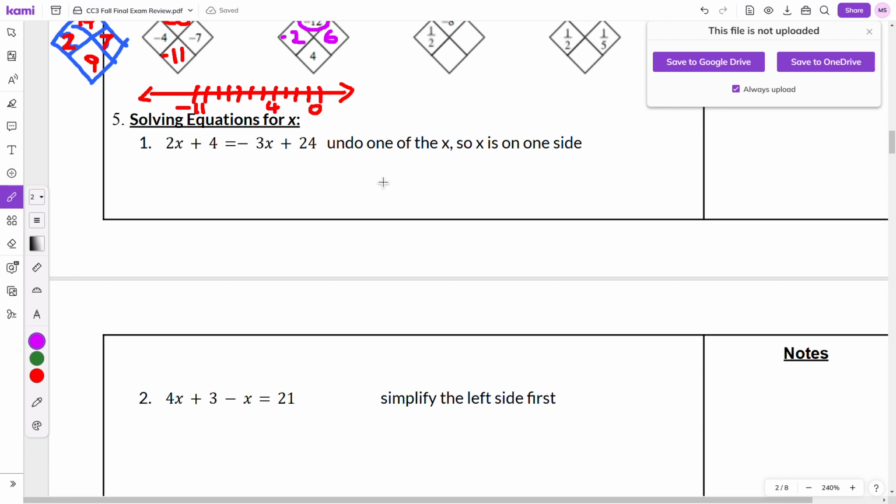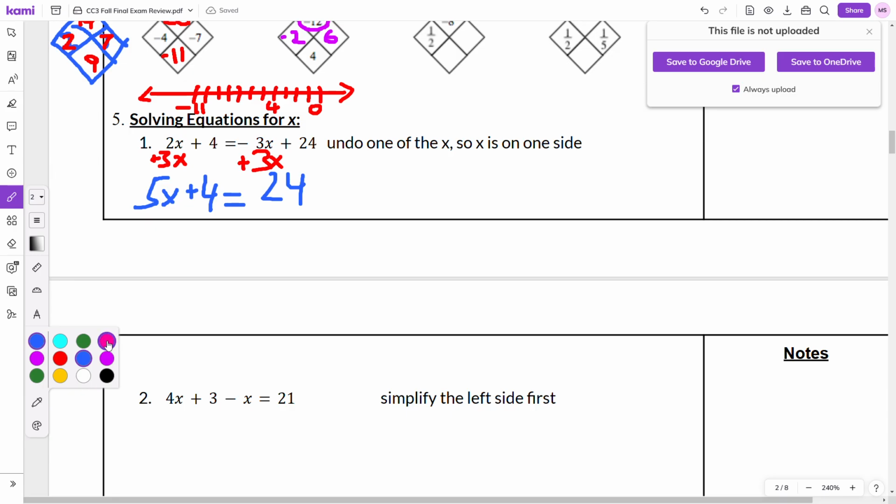Solving equations for x. Undo one of the x's so x is on one side. Yes, so my tip to you is if you have a negative x, that you add that negative x to both sides. Because that way you won't have any negative x's, and nobody likes negative x's. So just add the negative x over, and now you have 5x plus 4 equals 24.